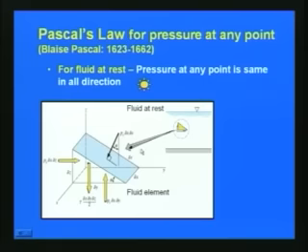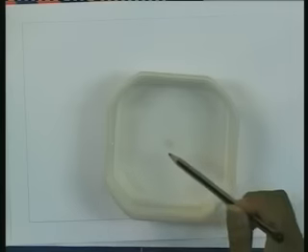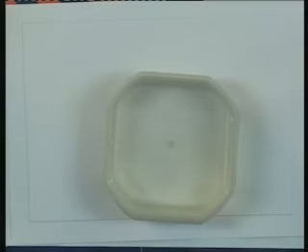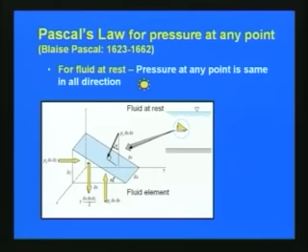For example, if you consider the water in this basin, since the fluid is static, or there is no movement, the pressure at any point will be the same in all directions. This is the law derived by Pascal. It is called Pascal's law.